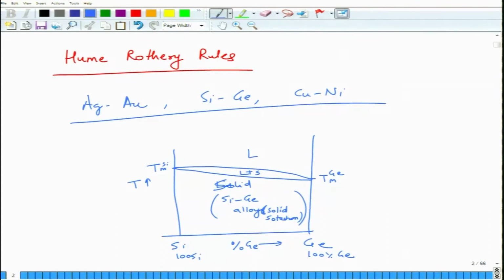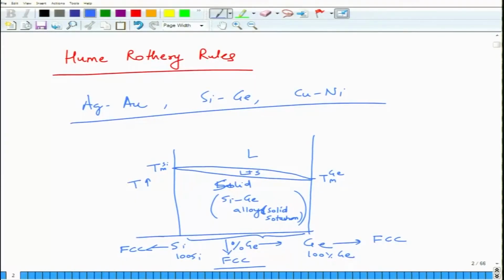At 0% germanium it has the diamond cubic, FCC-based structure, at 100% germanium it has the same structure, and intermediate compositions also have the same structure all throughout. It is happening within the same lattice. It is just that some of the silicon atoms are being replaced by germanium.